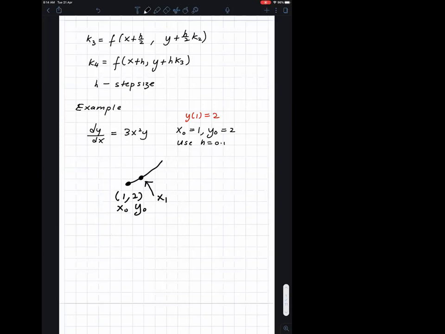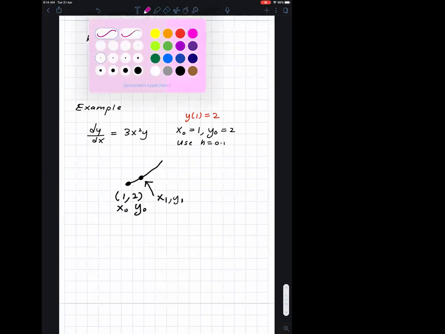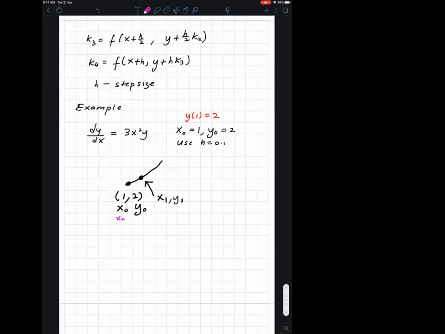If I ask you to find x1 and the corresponding y1, the numerical value, this is xn and yn.